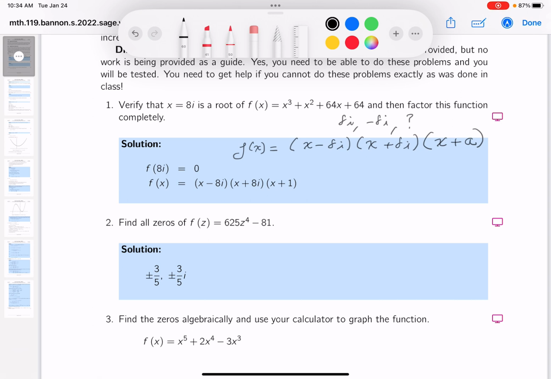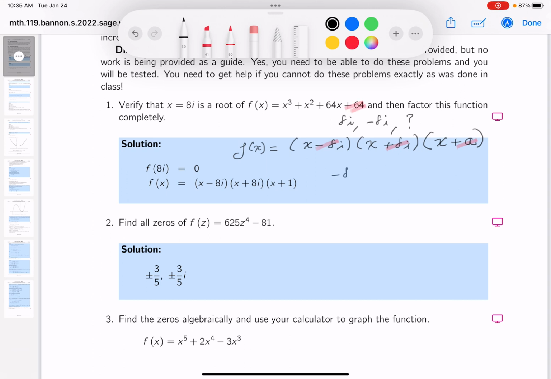So what I want to do is talk about how to get it. You can say, I'm going to multiply this thing out and equate coefficients. Well, sort of, but all I'm going to do is multiply the last term out. This, and this. And what should it equal? It should equal 64. Let's go through that.